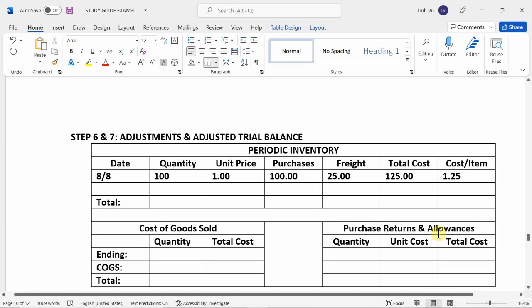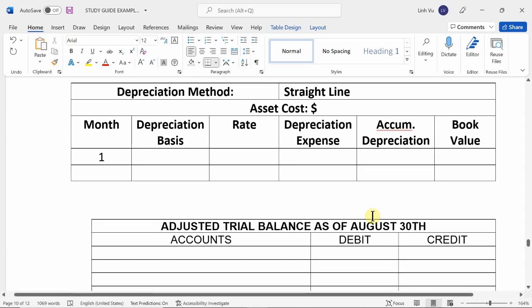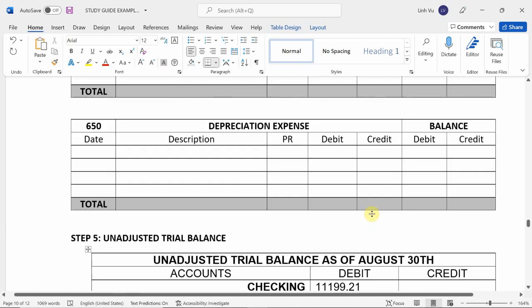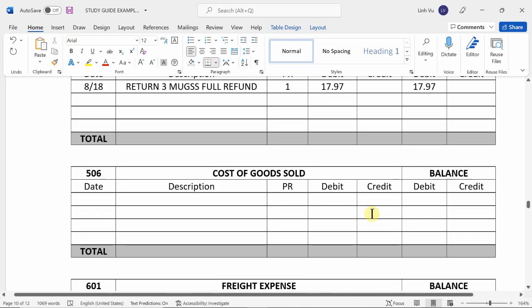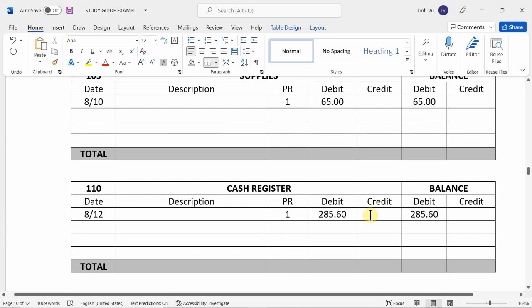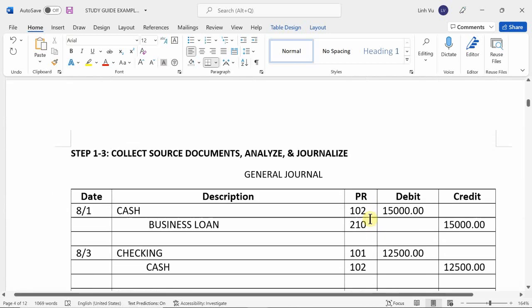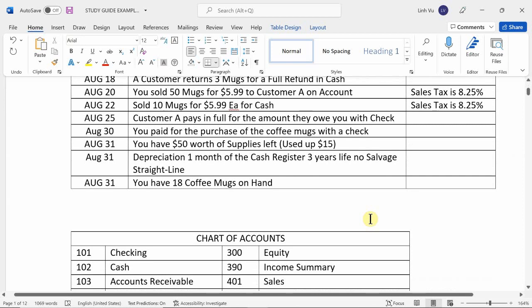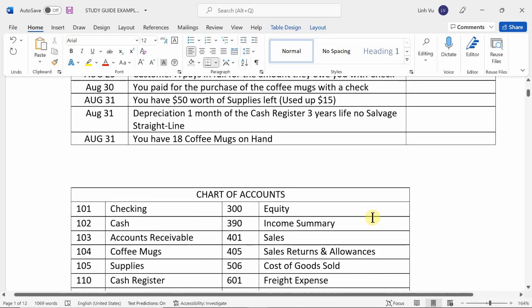Now I need to do my adjustment entries. The first adjustment entry says that on August 31st, you had a total of $50 worth of supplies left on hand, meaning you used up $15.